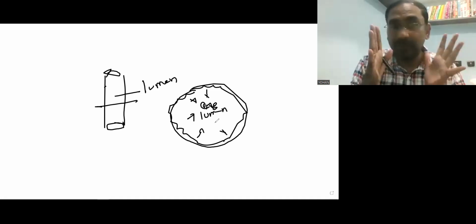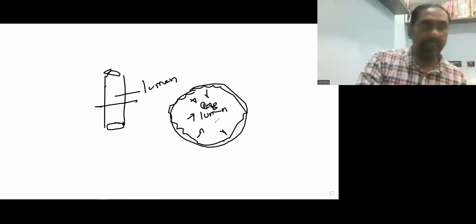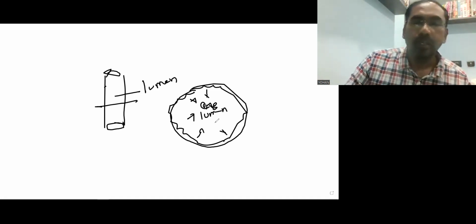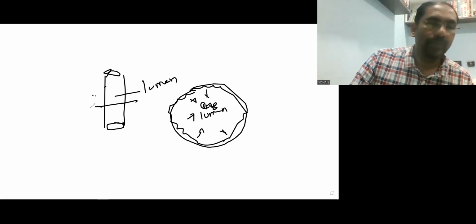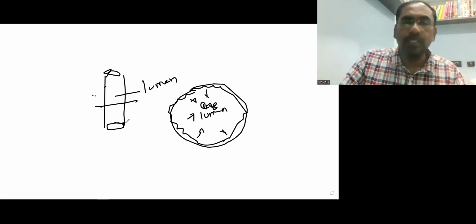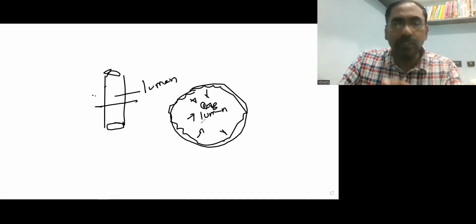So where does this food digestion take place, you tell me? Outside the cells, within a cavity. I think you got it. Look here. All these are cells, isn't it? Where does this digestion take place?